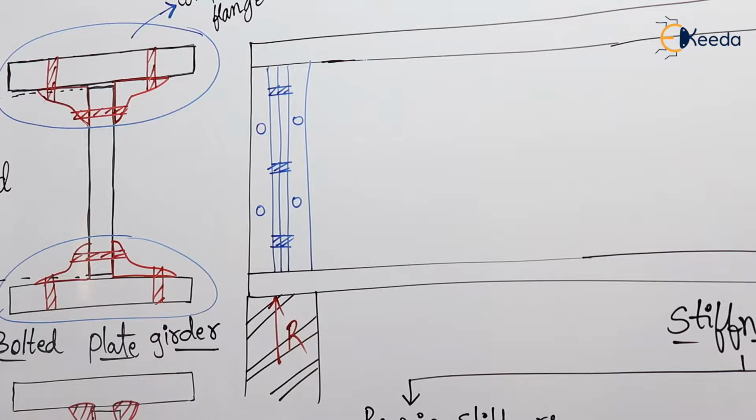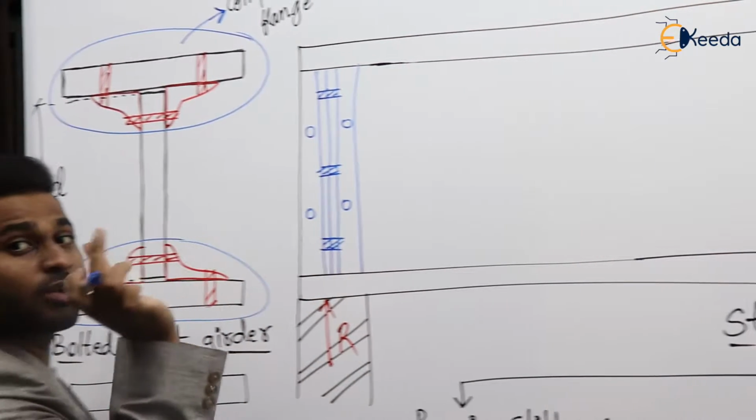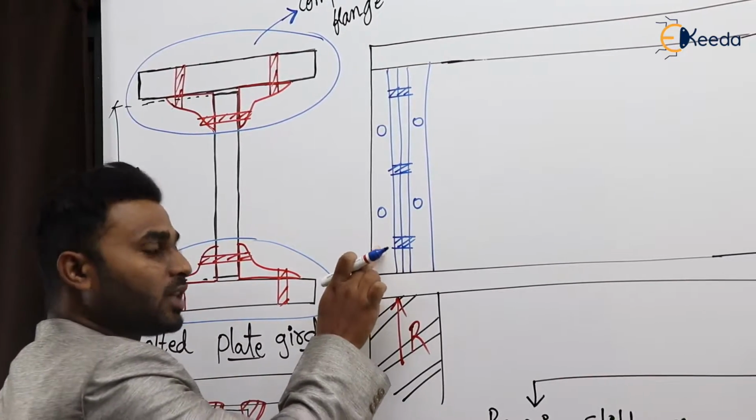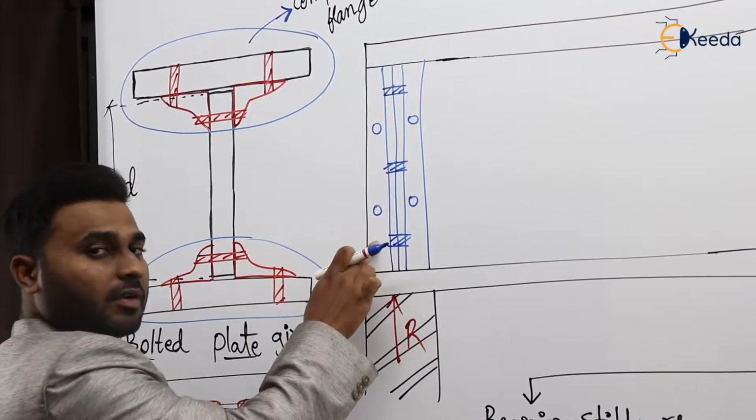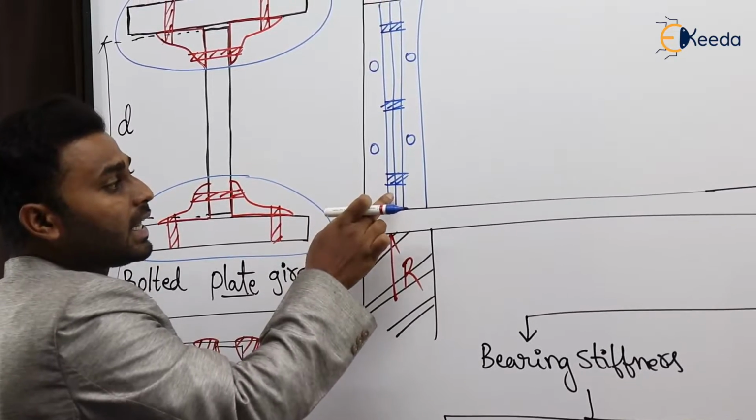We know that the angle will have two legs. So one leg is connected to the web of the I section or web plate of the plate girder, and another is outstand.